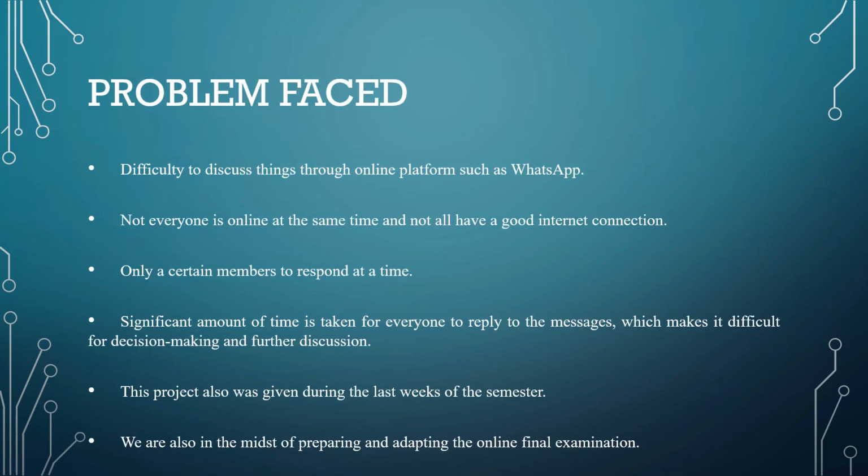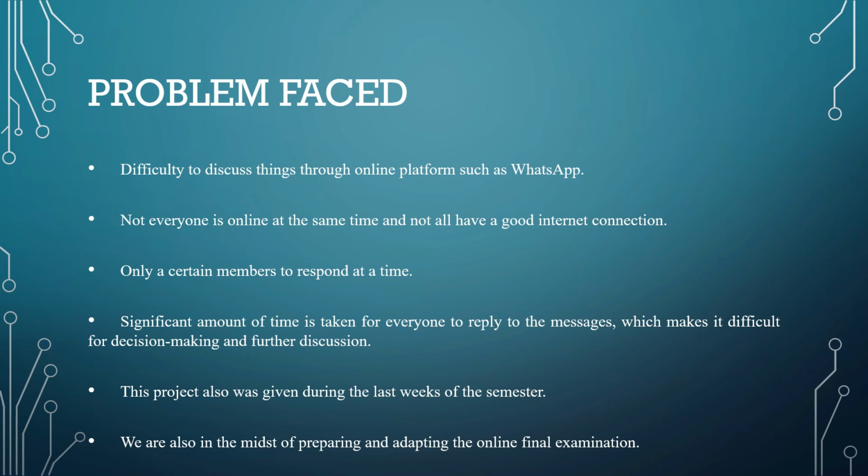The problem faced: it is difficult to discuss things through online platforms such as WhatsApp. This is because not everyone is online at the same time and not all have a good internet connection to do a meeting like video calling and others.